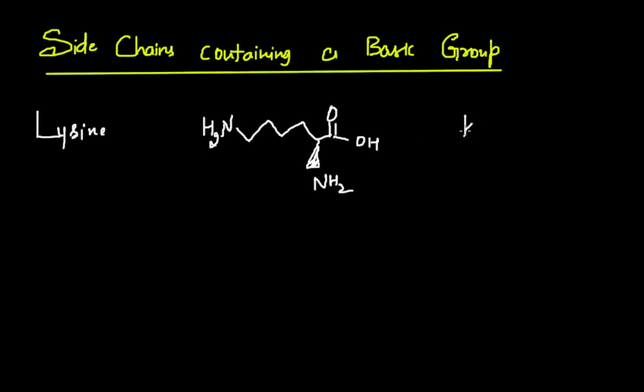It is abbreviated as K. This is basic because there are two basic groups and one acidic group, so the net result is basic.